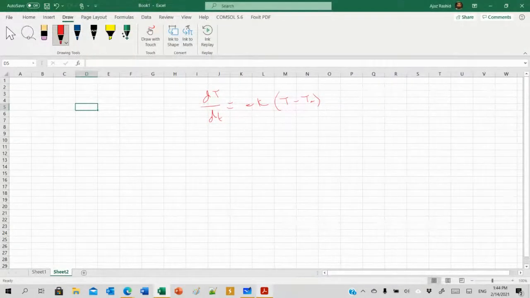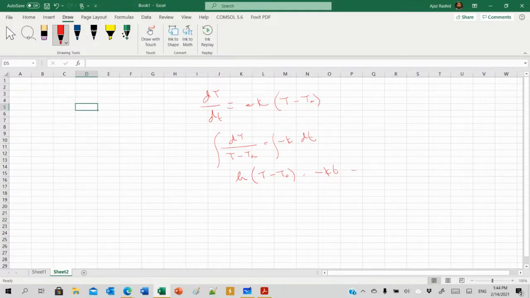Now, if I want to do an analytical one, it will be dT over (T minus TA) is equal to minus k dt. Then I can integrate both sides. I'll get ln(T minus TA) is equal to minus kt plus a constant.